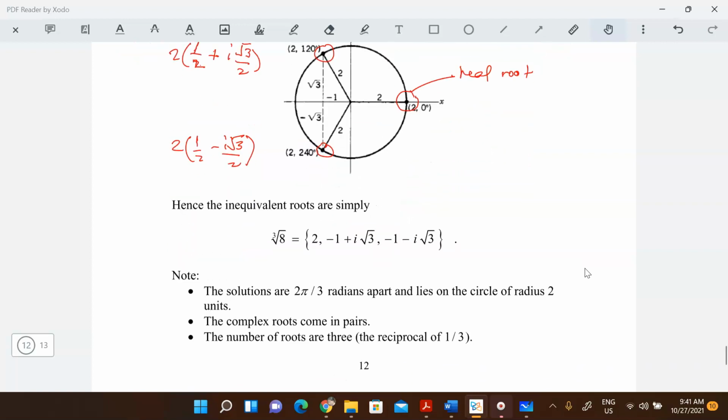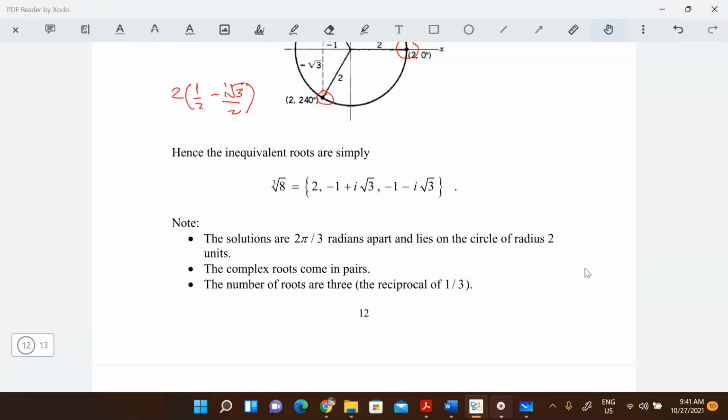If I do higher order roots, say the n-th root, then I will expect n different solutions, n different roots. If n is even, then the roots will come in pairs. If n is odd, there will be at least one real root, like the case of this cube root just now.